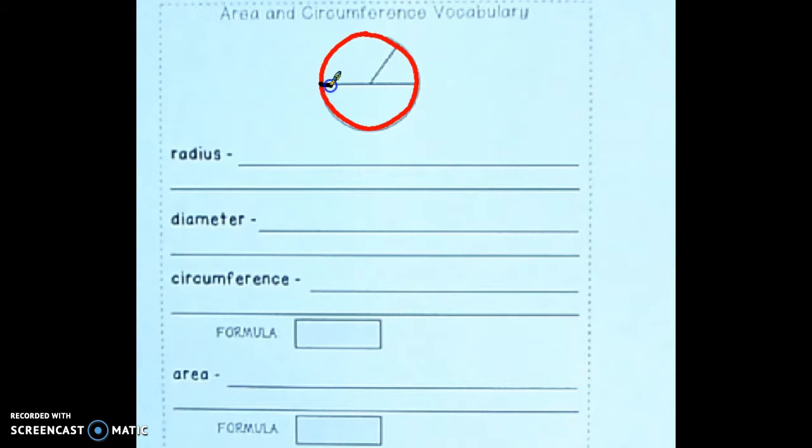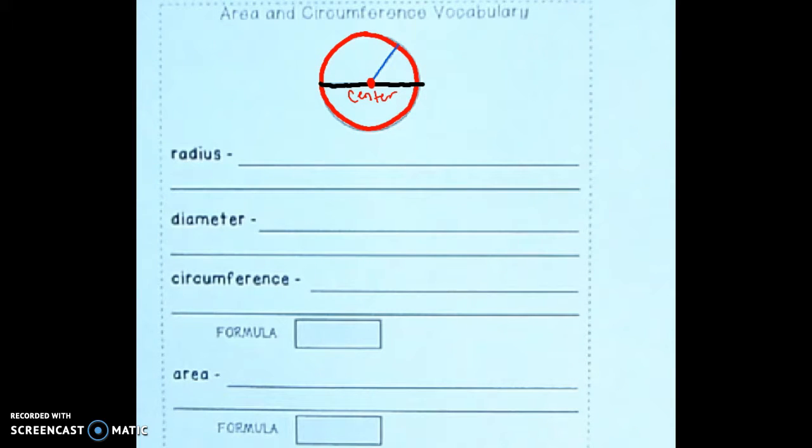The line that goes straight through the middle, that is the center, where this little dot is right here. That's the center of the circle. And then we have this part right here. So we're going to talk about what all of those parts mean.